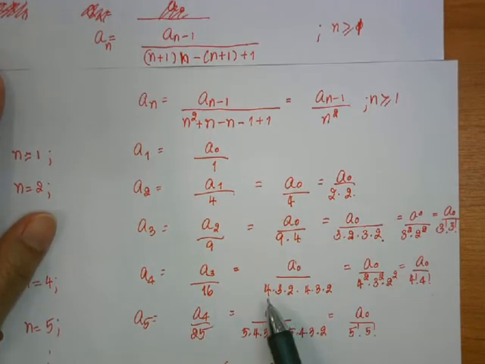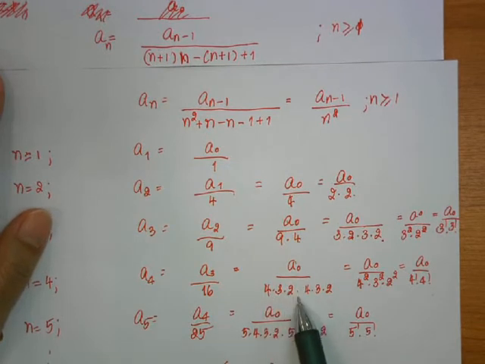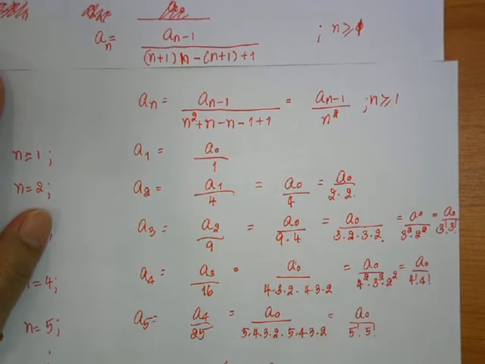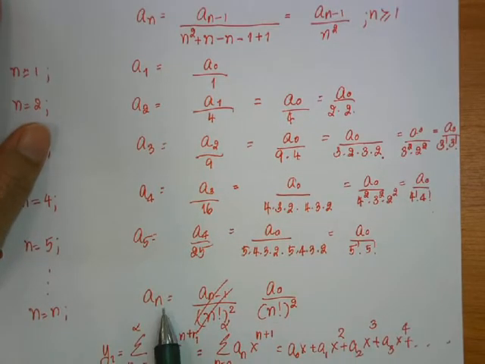This one you got 4, 3, 2, which is 4 factorial. You got n factorial times n factorial, which is n factorial squared. So at the end I would get a_n equal to a0 divided by n factorial squared.